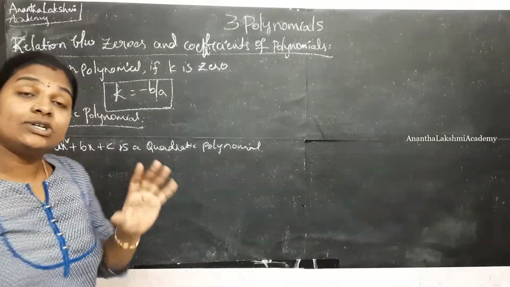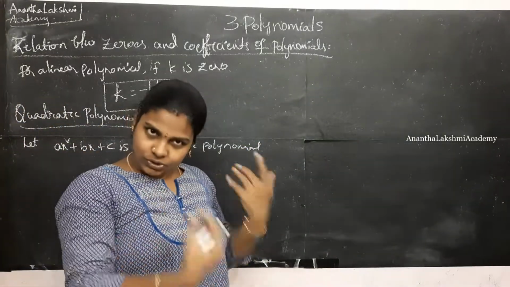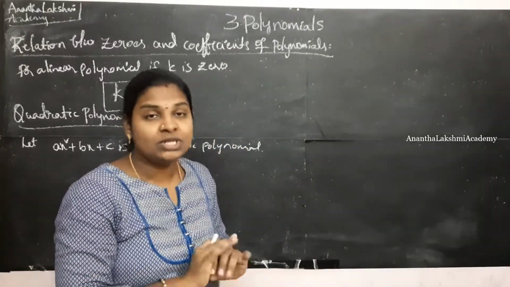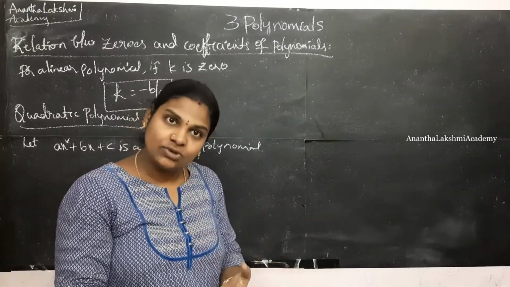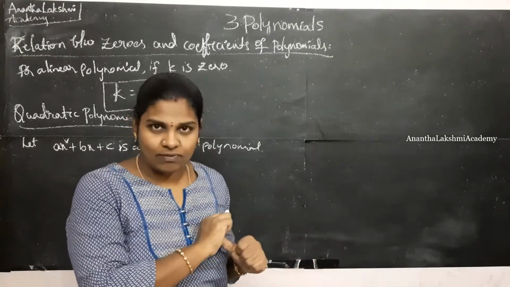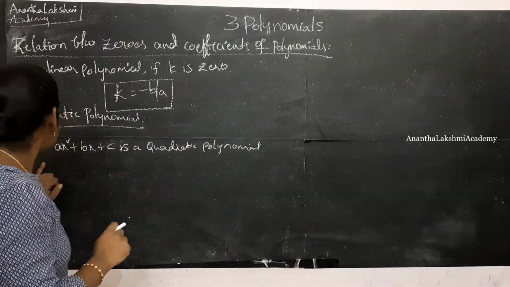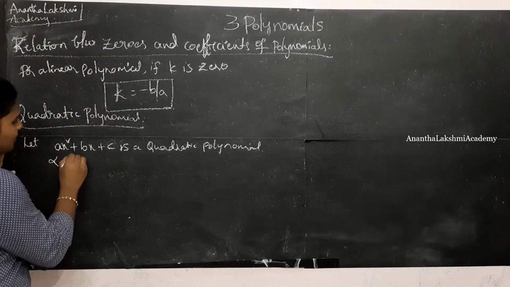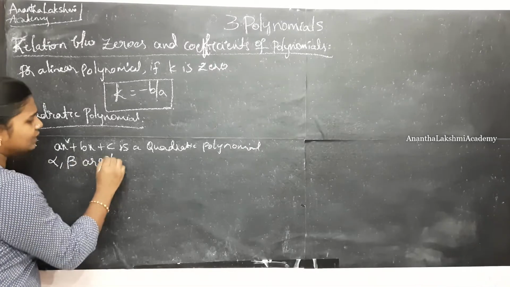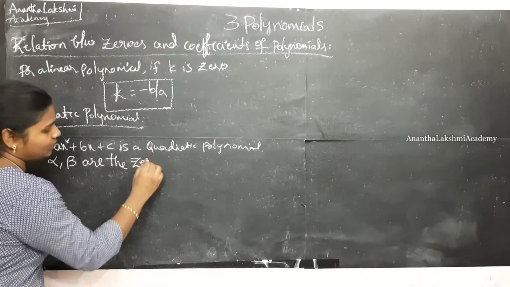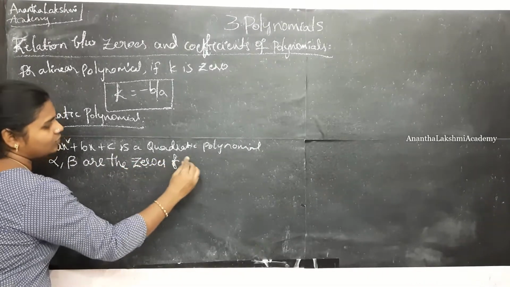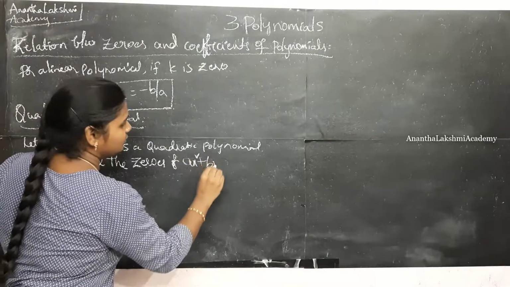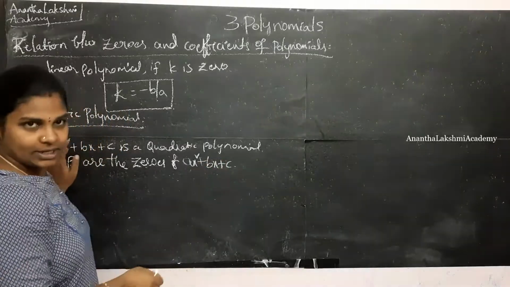Next, what are zeros of a polynomial? We understood that in the earlier videos. Whatever value, when you substitute into the polynomial, gives the result 0, that value is known as a zero of the polynomial. So let me consider alpha, beta as the zeros of ax square plus bx plus c, the quadratic polynomial.